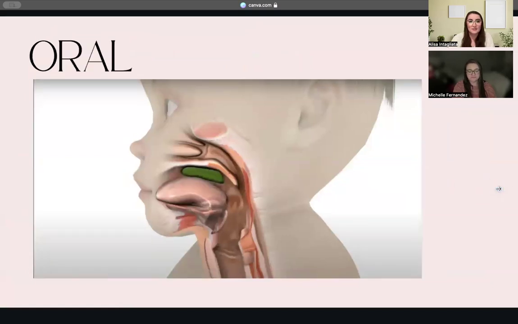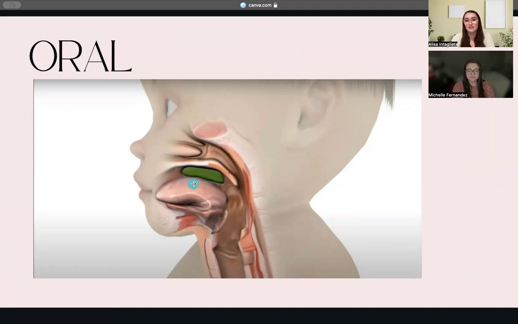Okay, so the second stage in a swallow is going to be the oral stage. At this point, the mastication has stopped and the bolus has formed. Here we still have the bolus, the green object. What happens now is your tongue tip is going to raise.